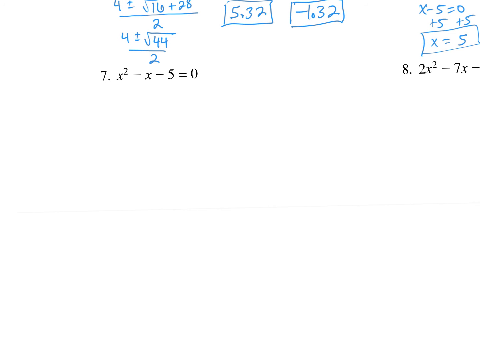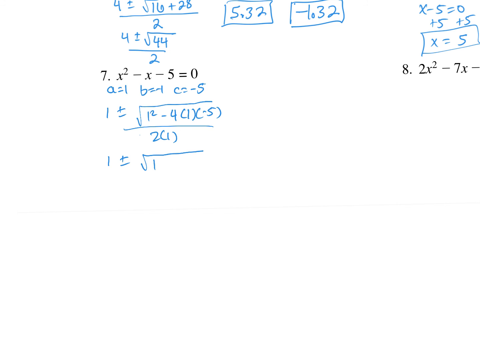So let me try the quadratic equation. a equals 1, b equals -1, c equals -5. So 1 plus or minus the square root of 1 squared minus 4 times 1 times -5, divided by 2 times 1. Simplify this more: 1 plus 20, divide that by 2. 1 plus or minus the square root of 21 divided by 2.